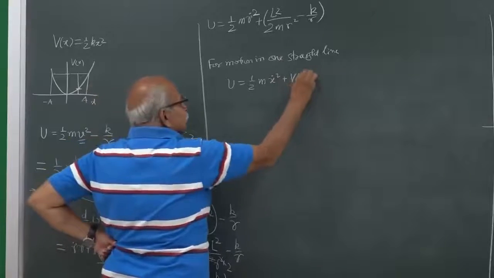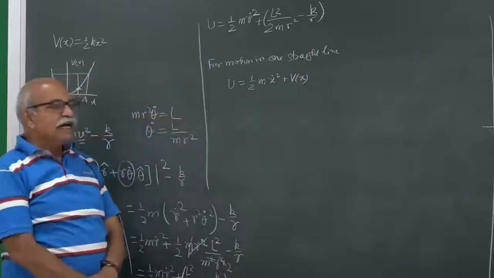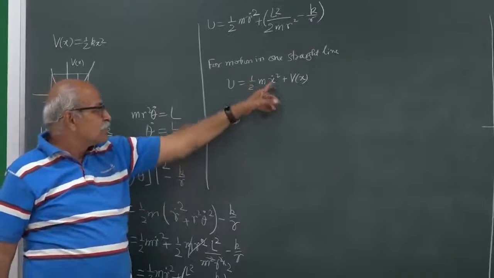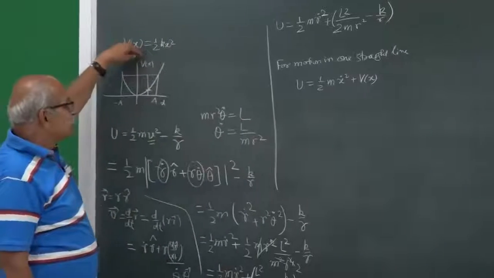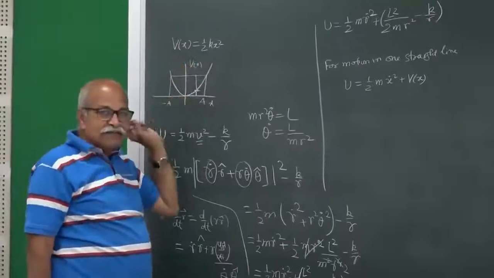This is a function of x, because it is a one straight line motion, so the position is just x. So, you have half m x dot square and then a function of x, and then we plot this V of x as a function of x, and then we derive information from here.